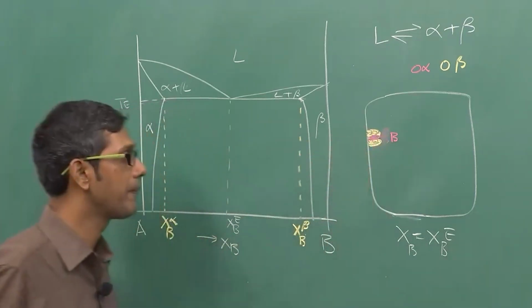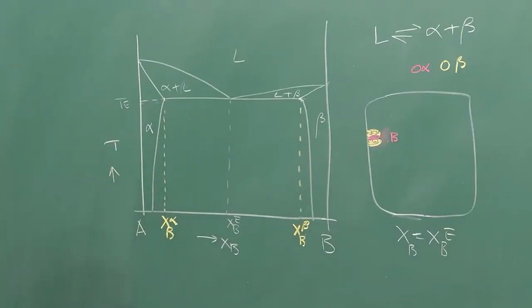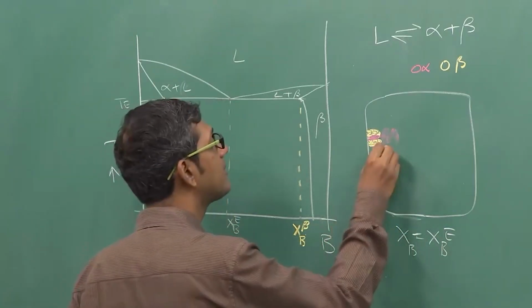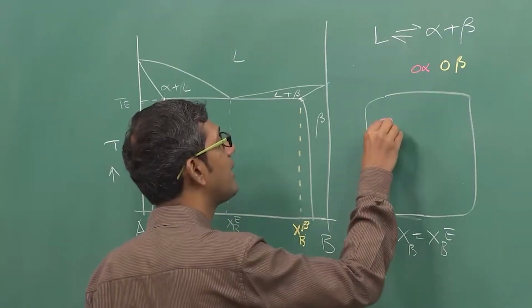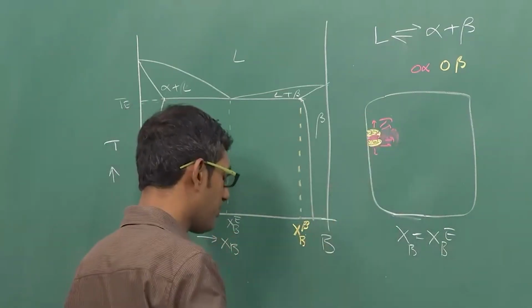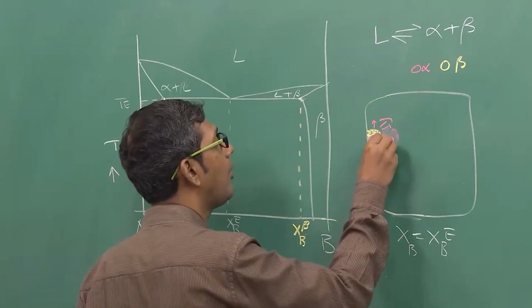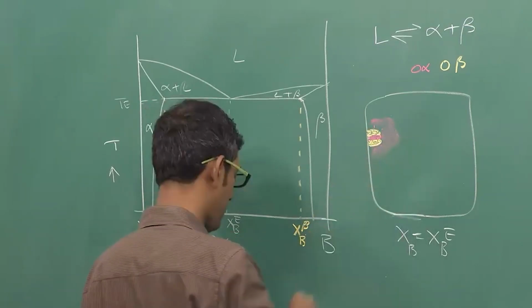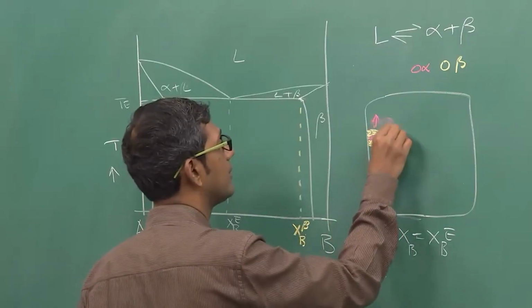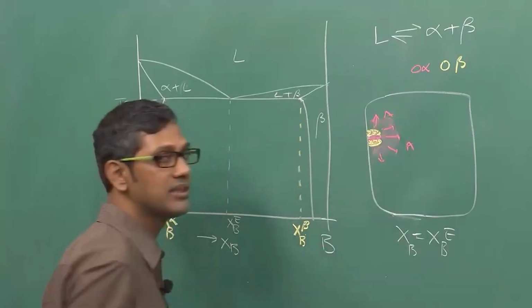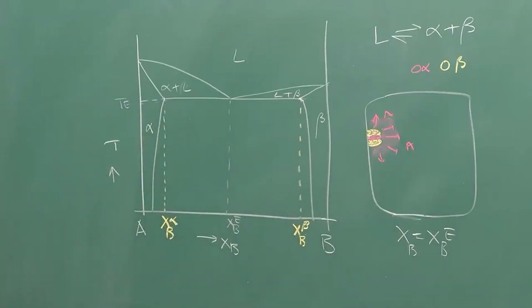If these two beta phases have to grow, they will also reject A, because beta is basically rich in B. So A will be rejected as the beta grows, beta is yellow color.